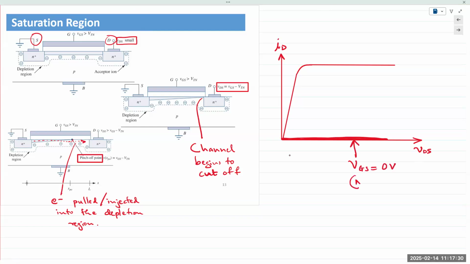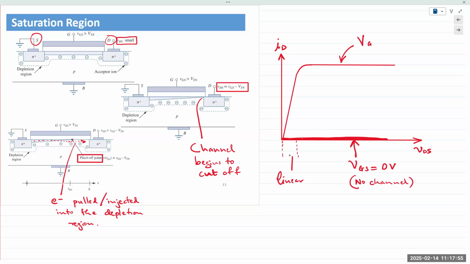Unlike the JFET, there is no channel that is present. VGS must be applied to create a channel, right? So VGS is equal to 0. It's right there. This is the linear region or the triode region. And this is where it cuts off or saturates.